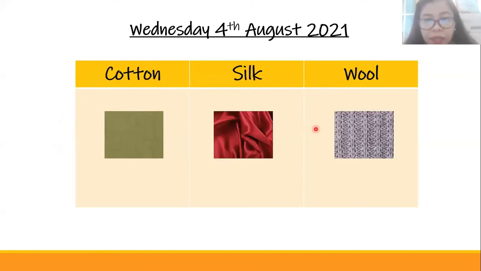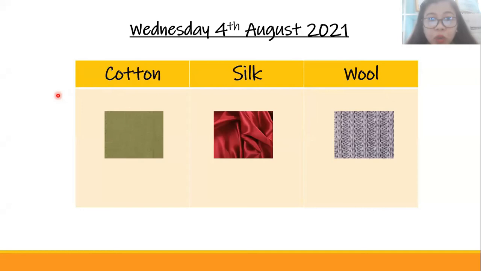Not too big, but not too small also. Maybe about the size of a 5 baht coin will do. And then you're going to paste it on the correct column. Am I clear? You don't have to draw and print.